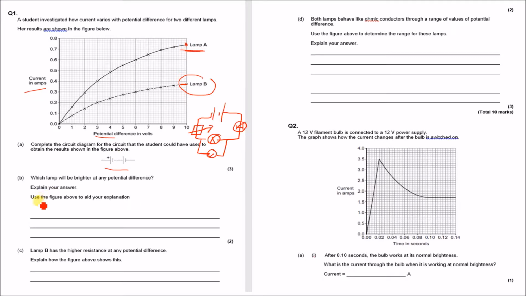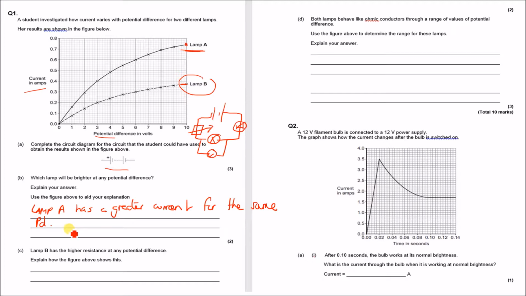So lamp A has a greater current for the same potential difference. Now, why is it going to be brighter?